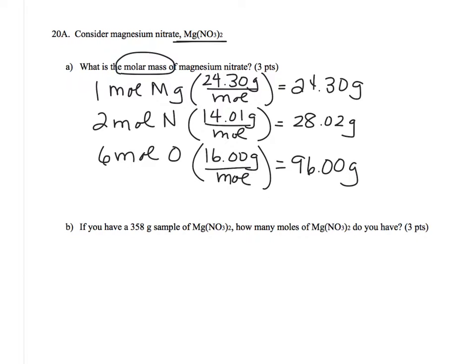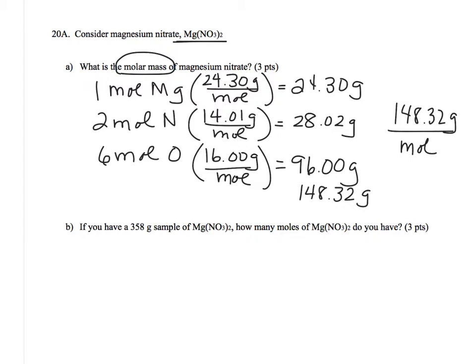And if we add all that together, we get 148.32 grams. And this is really 148.32 grams per mole of our magnesium nitrate. So that's its molar mass.